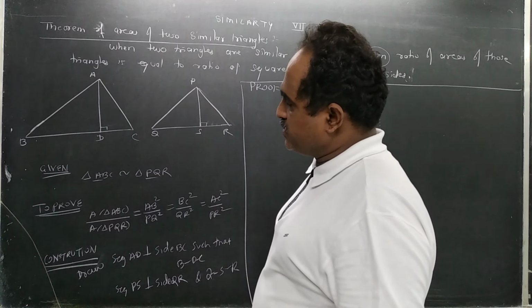Now, this we have got. For this, students, you keep in mind that either you have to prove triangle ABD and PSQ are similar, or ADC and PSR. ये दो में से एक पेयर को तुम सिमिलर प्रूव करो. Suppose I am going to consider ABD and PSQ.